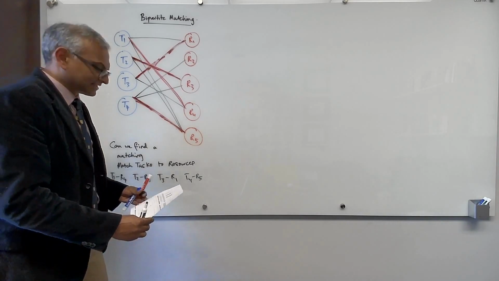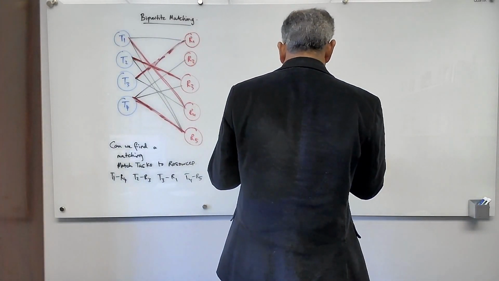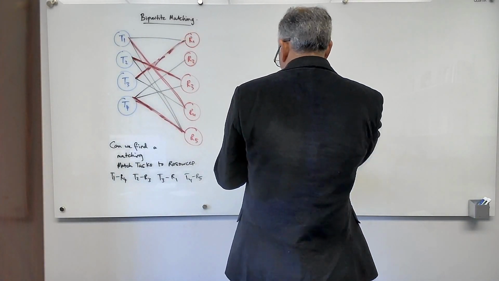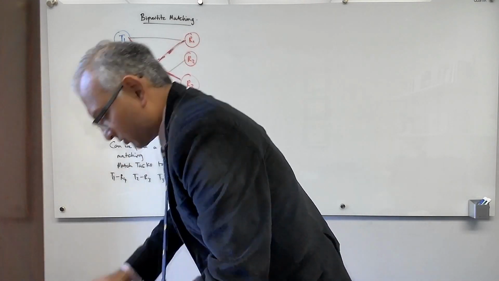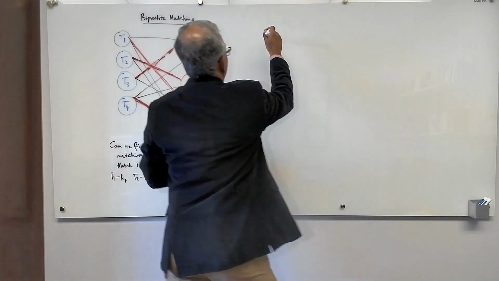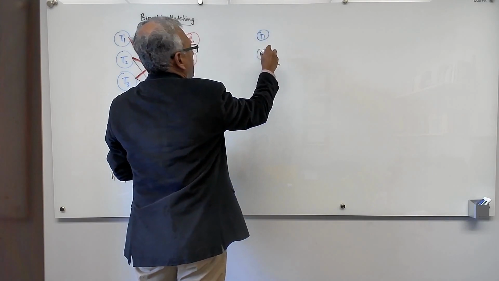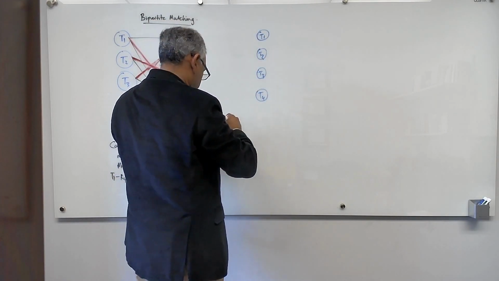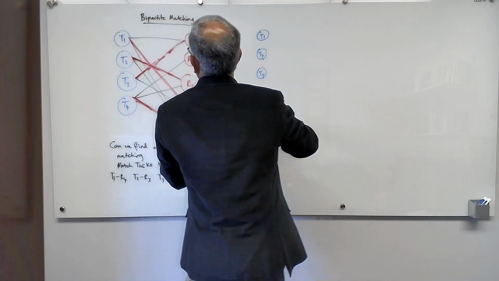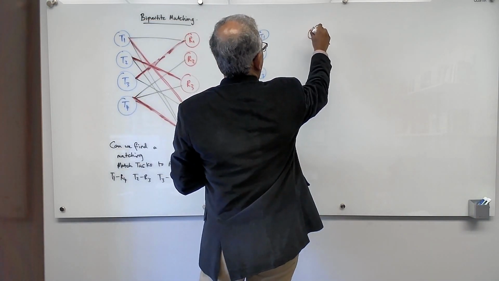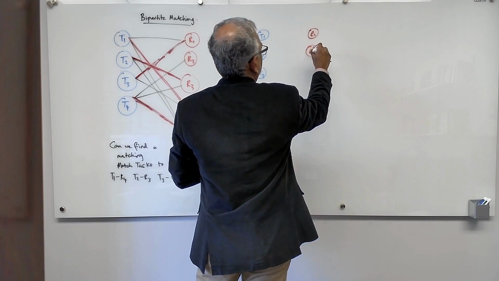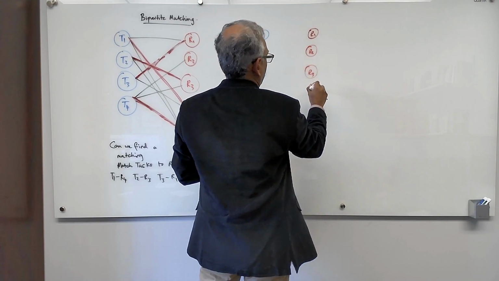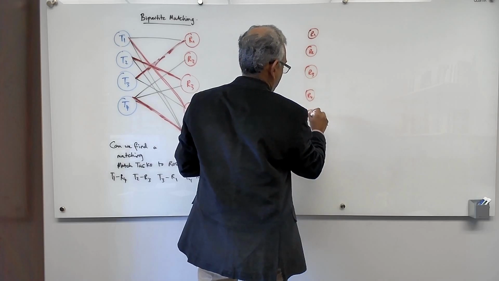Let's do one more example. Another example, similar setup: 4 tasks, T1, T2, T3, T4, and resources R1, R2, R3, R4, R5.